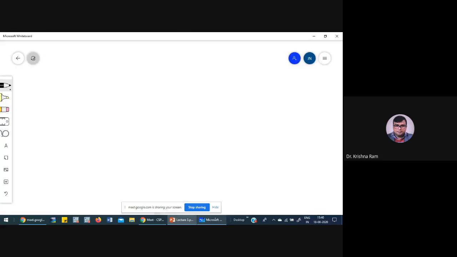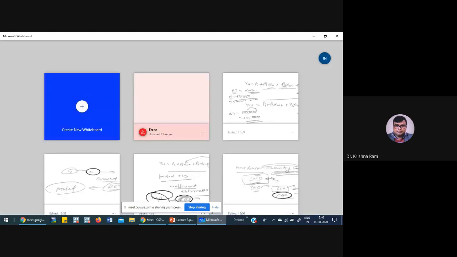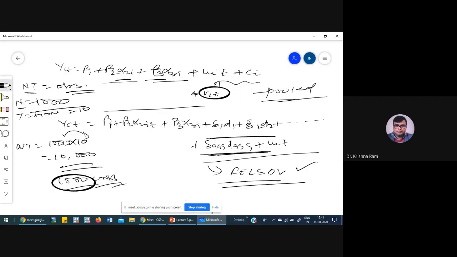Try to understand what I am talking about. This one is our model, fixed effect least square dummy variable.